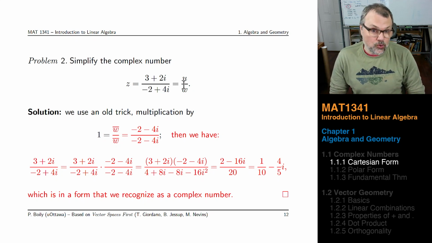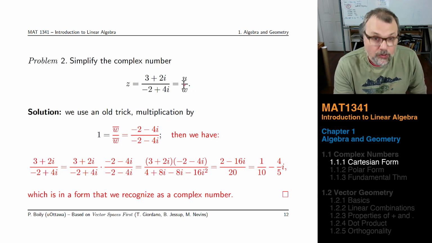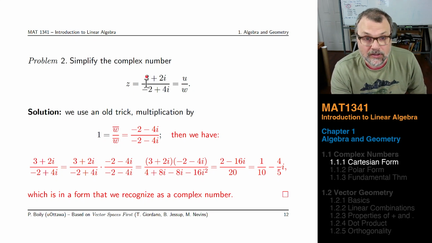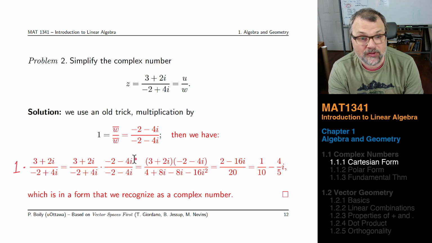So if we have that specific choice, the quotient that interests us, the division of these two numbers, we take that and multiply it by 1. But you're going to multiply it by the special 1 which is written here. So you'll rewrite 1 as minus 2 minus 4i divided by minus 2 minus 4i.